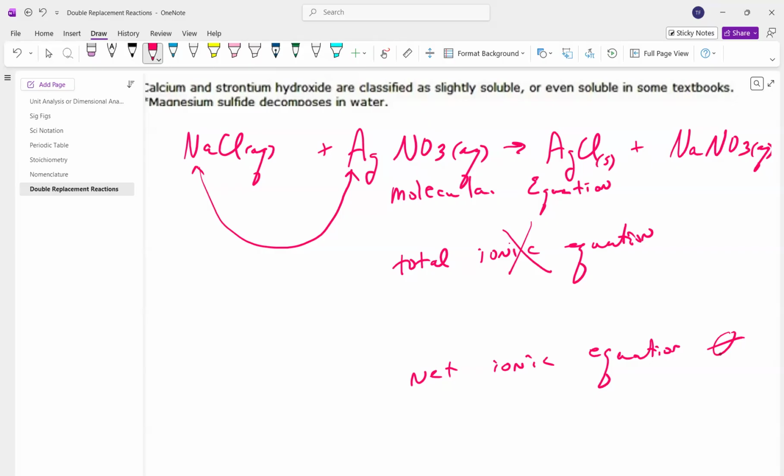Okay, if something happens, so we made silver chloride solid. What did we make it with? What else? Because silver chloride doesn't just appear out of water.